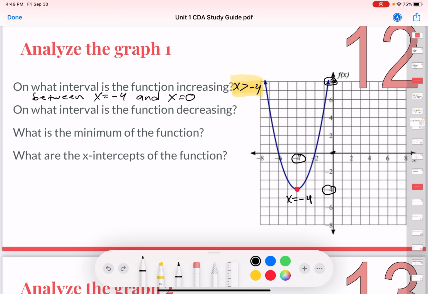Okay, so where is it decreasing? It's going to decrease before that minimum value. So kind of just the same idea as the increasing interval, but now it's wherever x is less than -4. So the accurate answer is x less than -4. But again, I'll write it how you may see it written, between.